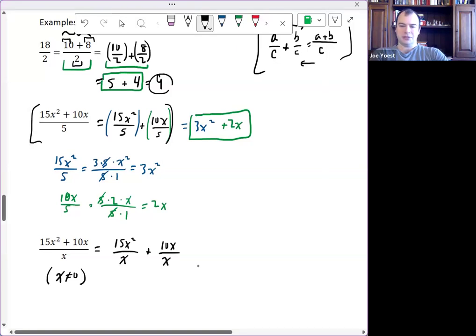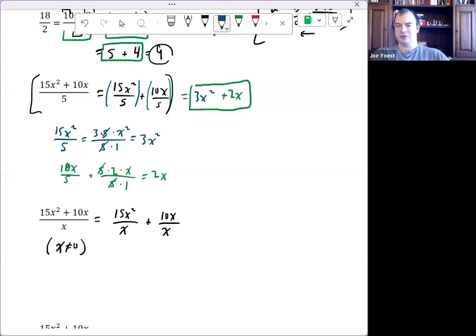We split up the numerator terms, we keep the same denominator term. And then I look at my first term over here, 15x squared over x. Well, I just divide out one factor of x from the top and the bottom, or I think of x squared over x as being like x to the 2 minus 1 power, or x to the 1 power. That's just 15x.